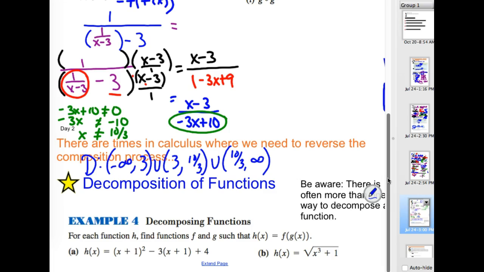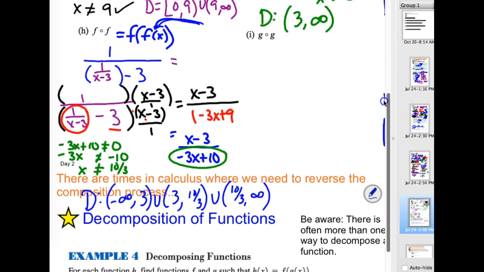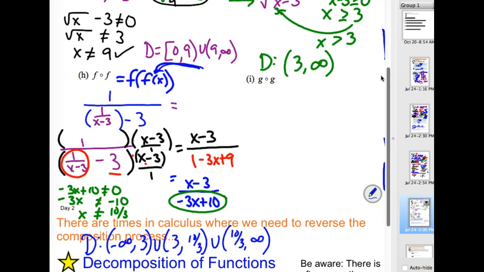All right, our last one for today. We're taking g of g. All right, g of x was our square root function, so that tells me I'm going to dump a square root into a square root. Okay, so we have the square root of something for our outside function, and inside we are dumping the square root of x.